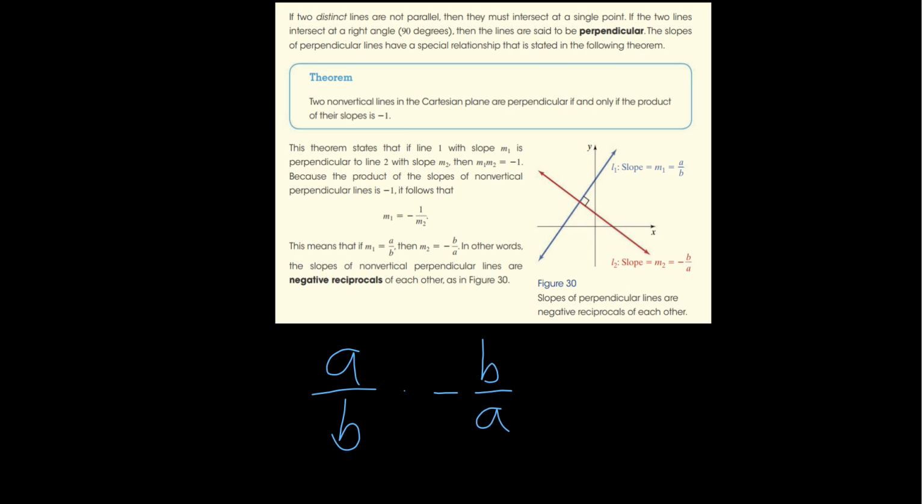Well, if we did this multiplication, a over b times negative b over a, these cancel, and then we have a -1. And that's exactly what this theorem is stating. So that's where we get that information. I think that about sums it up.